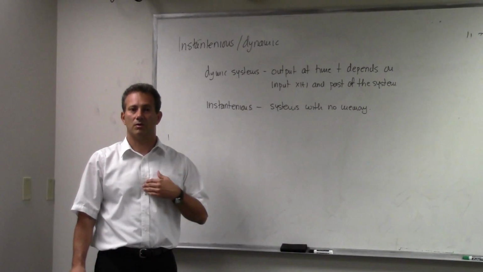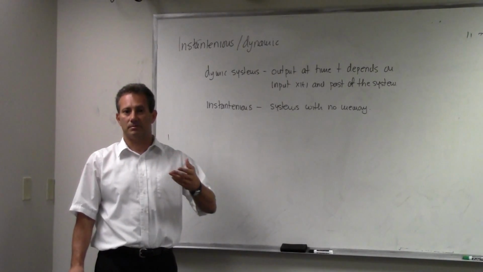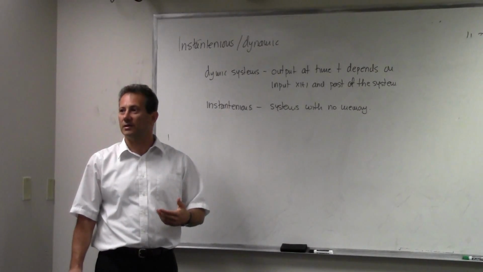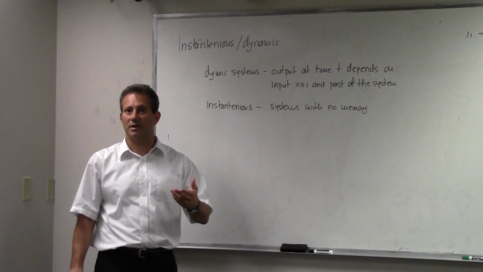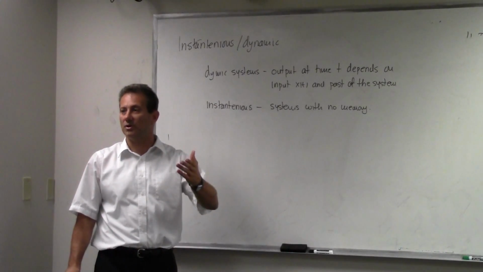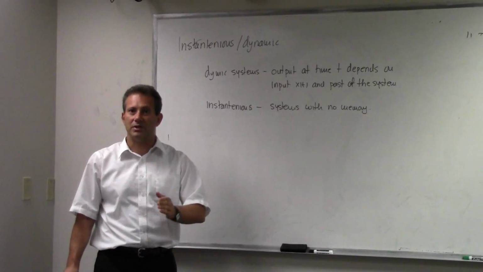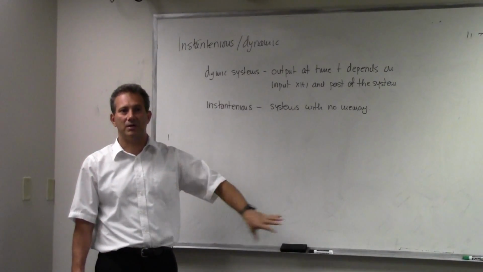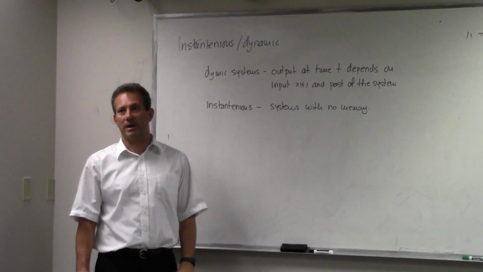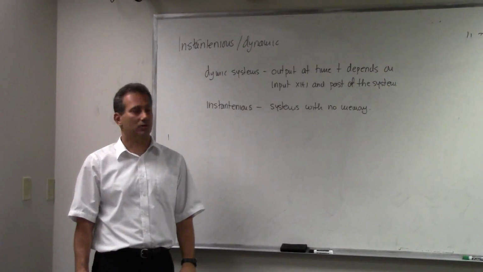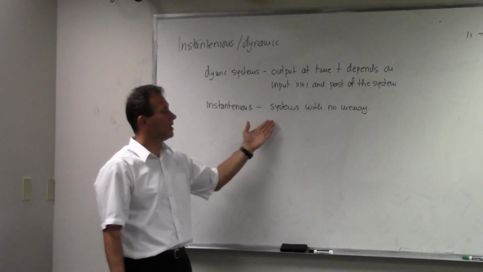Let's say you're looking at an A to D converter, right? An A to D converter is specially designed so that the output is only proportional to the sample of the signal at a given time. It depends not on a prior history of that signal, right? So those are the systems that have no memory.